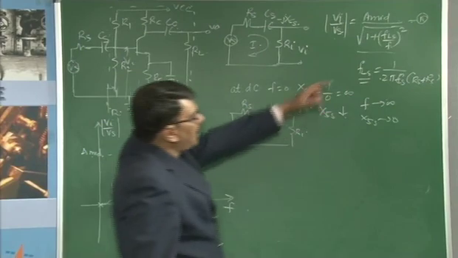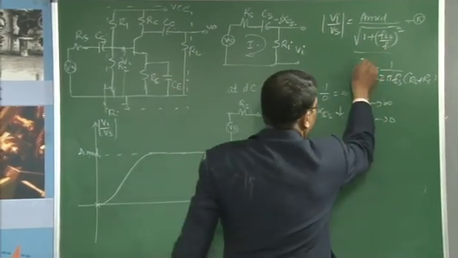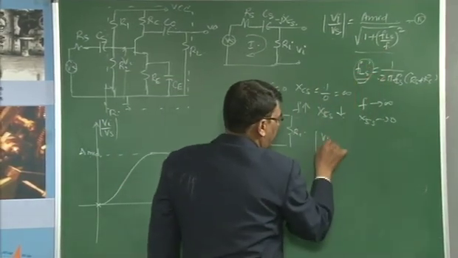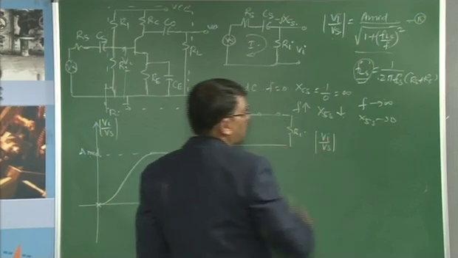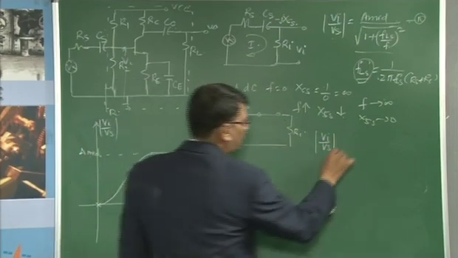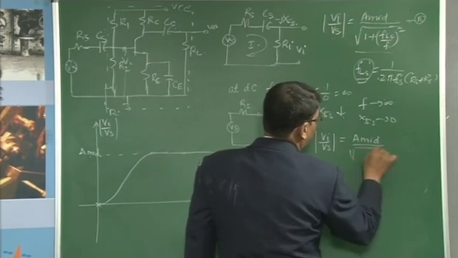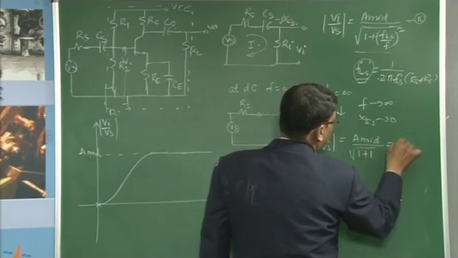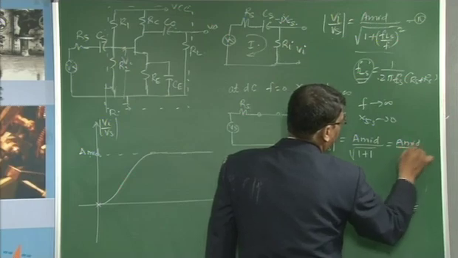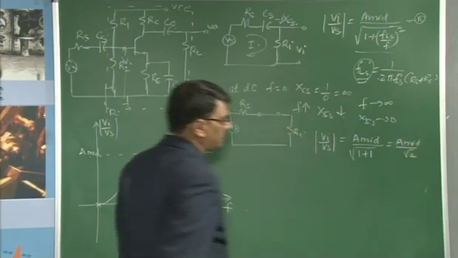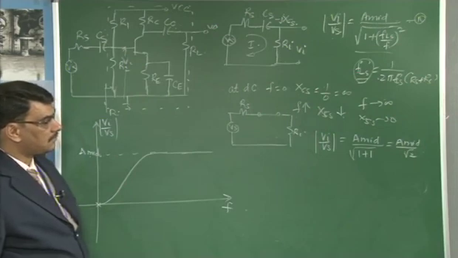Now, if the frequency f is equal to FLS, the magnitude of Vi by Vs is equal to A mid divided by the square root of 1 plus 1, which is A mid divided by root 2.